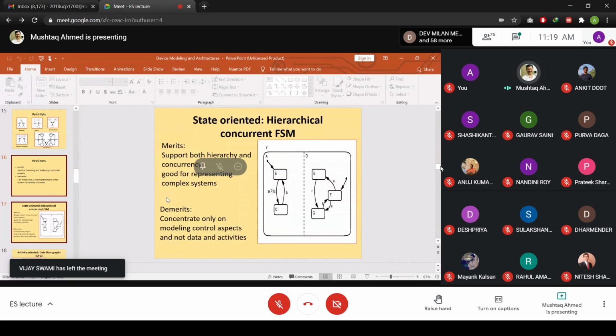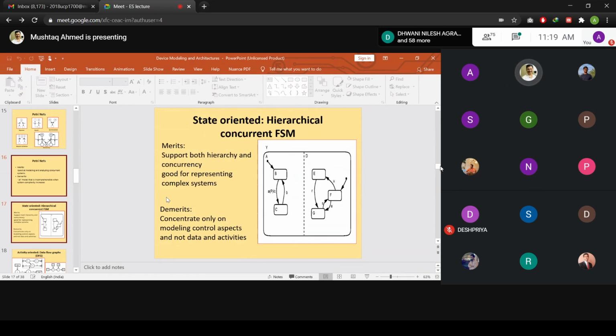Both of these transitions take place, and B will be enabled depending on the input available from the user side, and the transition takes place pertaining to whatever input has been available and the constraint that has been performed at the level of B, and that would allow this transition to C.